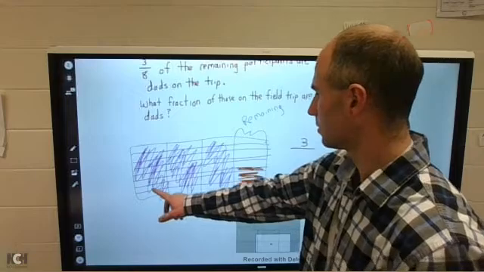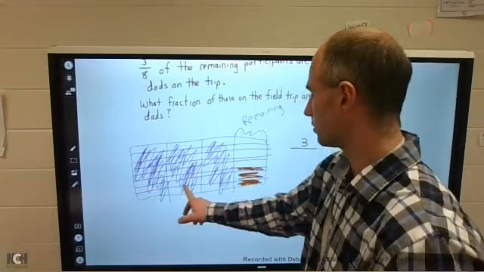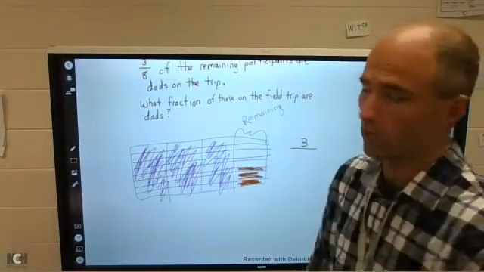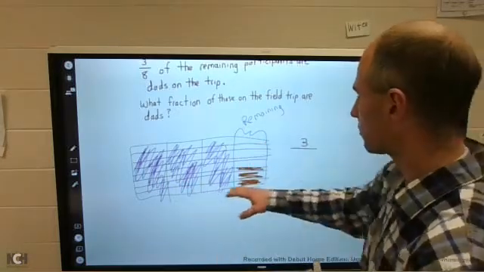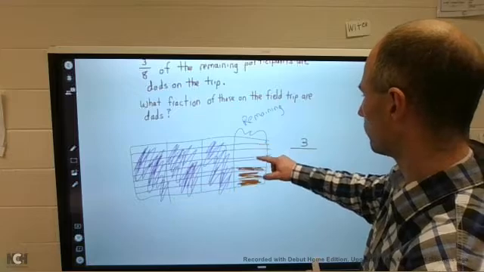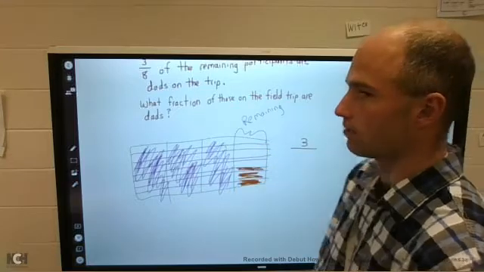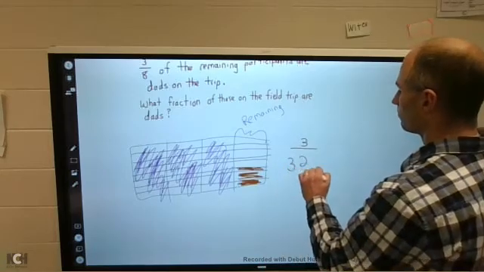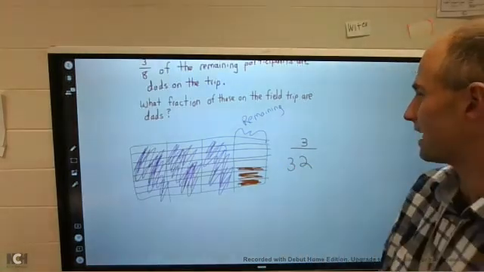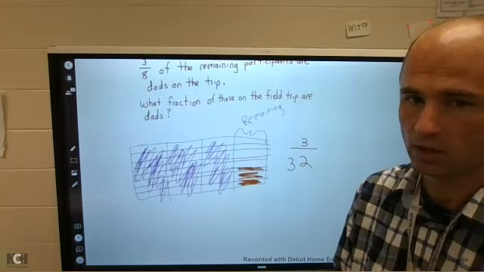And figure out how many pieces we have. 1, 2, 3, 4. I like to not have to count all the pieces, so 4 across, 1, 2, 3, 4, 5, 6, 7, 8 down. So 4 times 8 equals 32. 3/32 of the participants are dads.